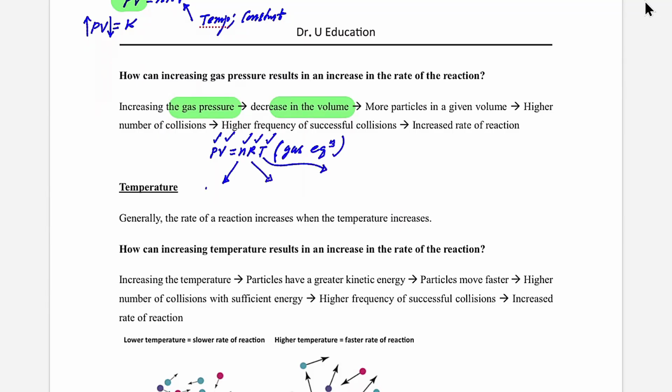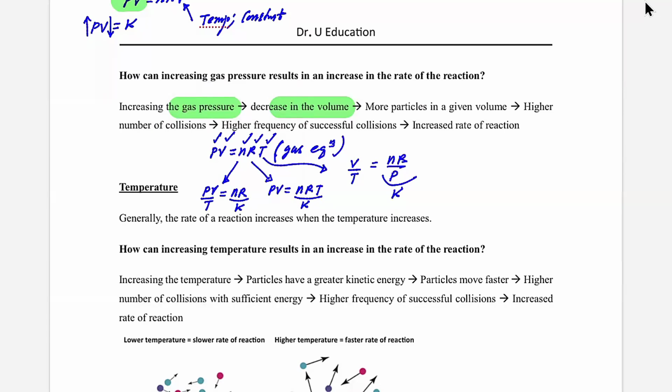First one, PV divided by T is equal to nR. Next one, PV is equal to nRT, and this side is a constant. So here this one is a constant. Third one, V divided by T is equal to nR divided by P, and this one is a constant.